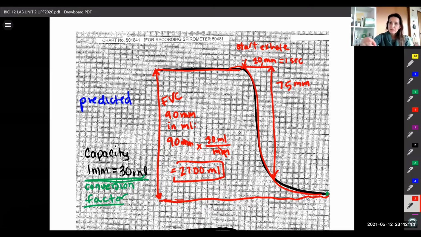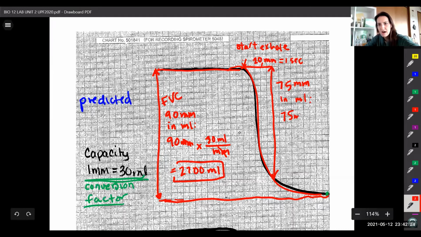I want that in milliliters, so I have to use my conversion factor here from millimeters to milliliters. So in milliliters, this would be 75 multiplied by 30 milliliters per 1 millimeter.